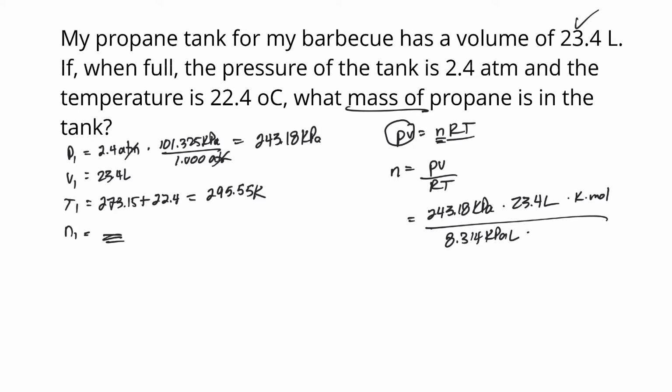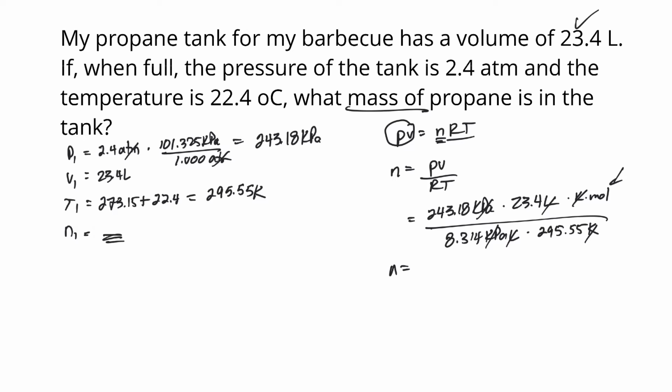and times, what else do I need? T, 295.55 Kelvin. Kilopascals, liters go, Kelvins go, left with moles. Good. And I have moles. They say mass. I'm going to have to figure that out later, but let me get this one first.